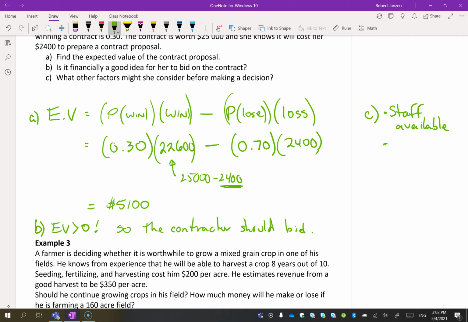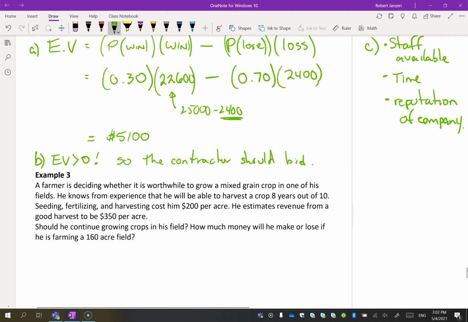Do you have the time to do the job? Is it a good job? Do you really want to have this job from this company? Is the reputation good? There are other things that might influence your decision making. But obviously making money is probably one of the main ones.